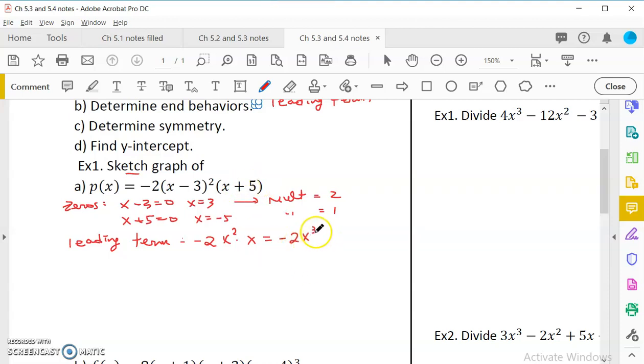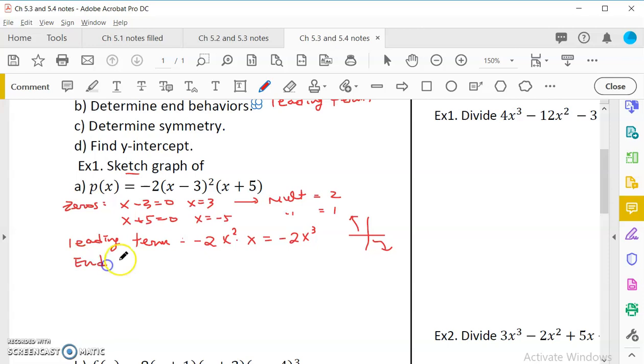So what would this be? This is an odd power, so it should be left down, right up, but you have a negative reflection, so you can think of it as left up, right down.